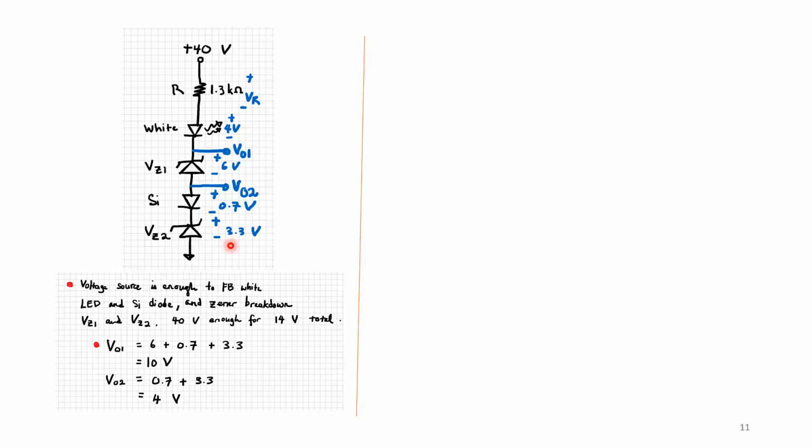That is a total of 14 volts. We have 40 volts, so it is enough. If 14 volts is taken by all these diodes, that locks it at 14 volts, so where does the other 26 volts go? It will go to the resistance.